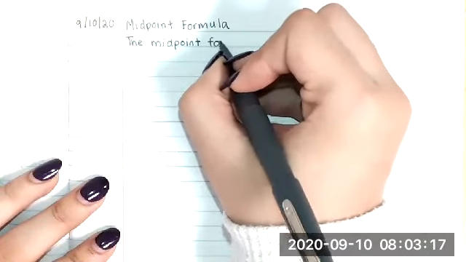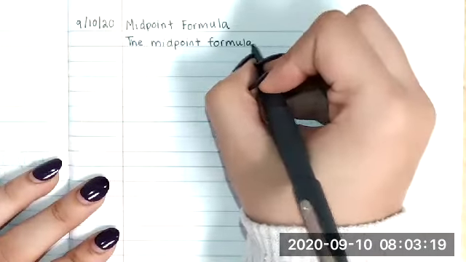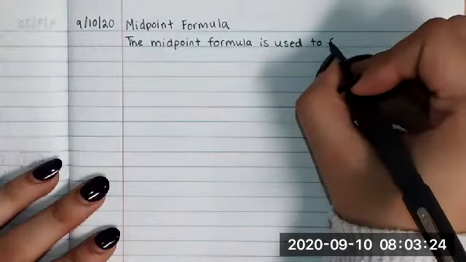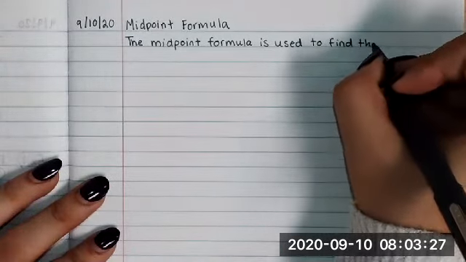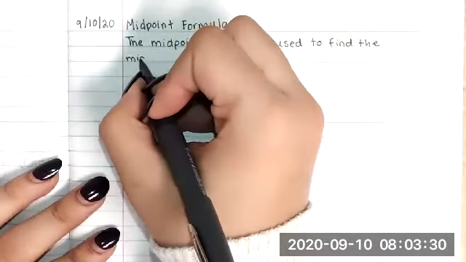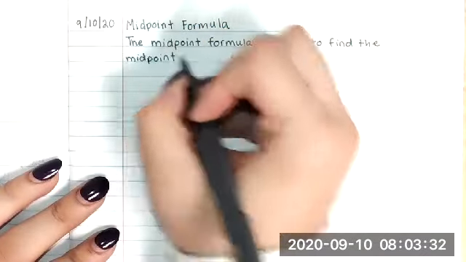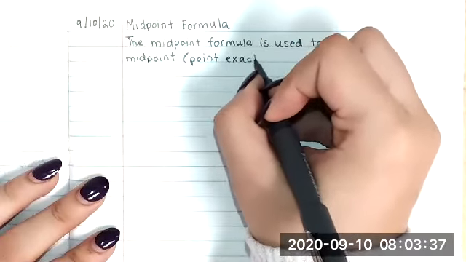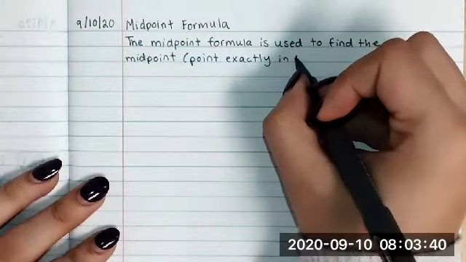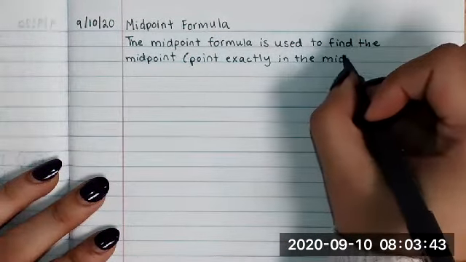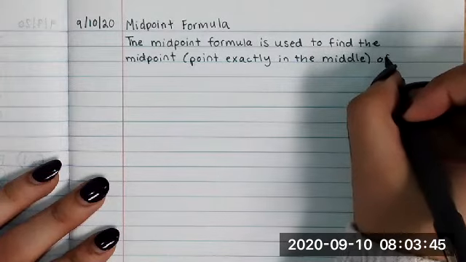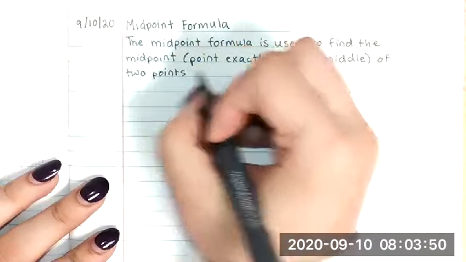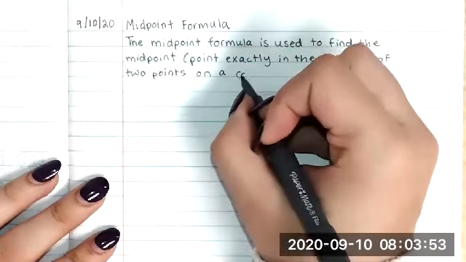The midpoint formula is used to find the midpoint, the point exactly in the middle of 2 points on a coordinate plane.